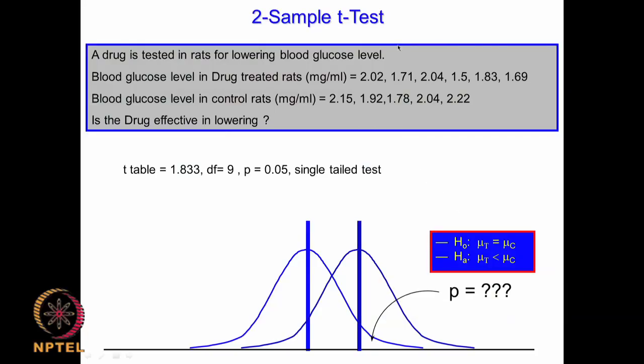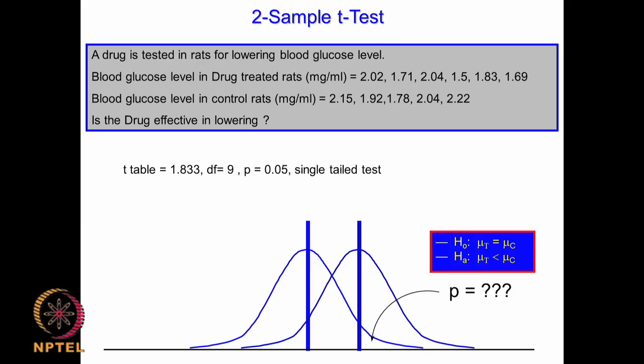Now let us go to the next type of test, that is called a two sample t test. That means I have two drugs, I am comparing the performance of two drugs and I am trying to tell whether there is a statistically significant difference or not, or I am comparing a control and a drug A which I am introducing in the market, or I am comparing an already existing drug and another drug, or I am comparing the performance of a drug on a male population and a female population.